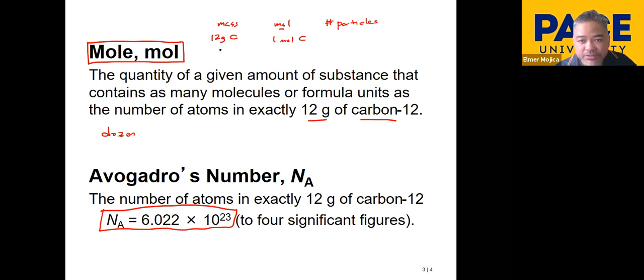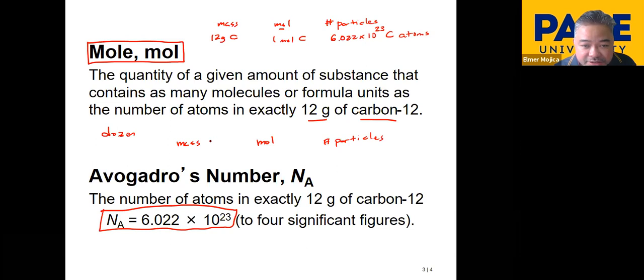So when you have 1 mole of carbon, that means you also contain 6.022 times 10 to the 23 carbon atoms. So if that's the case, you have your mole, you have your mass, you have your number of particles. So you can just go from one expression to the other.